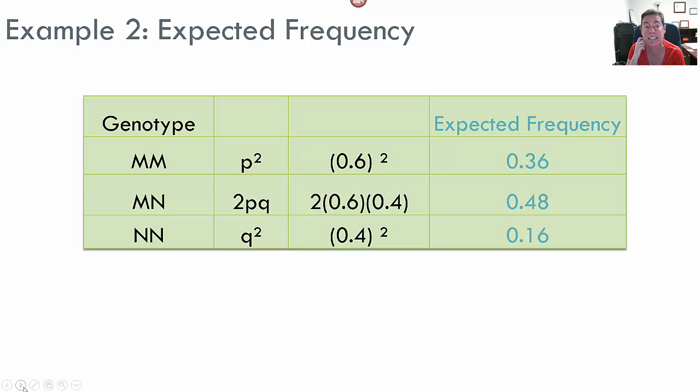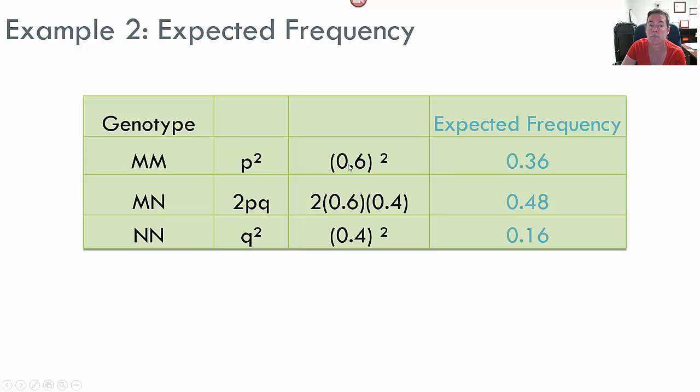Now we calculate the expected frequency for the genotypes. We have MM and MN and NN. These are the 3 genotypes. We then use our Hardy-Weinberg equilibrium formula. The homozygous dominant is P squared, the heterozygote 2PQ, the homozygous recessive Q squared.